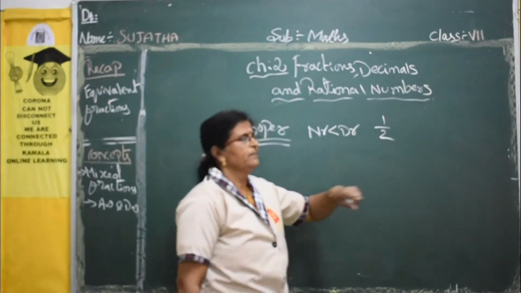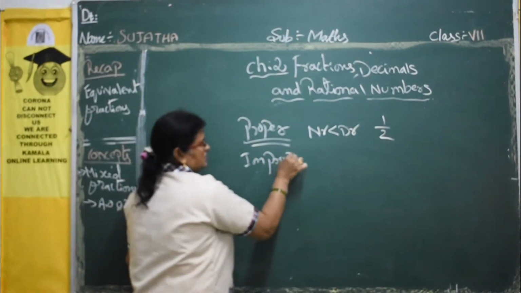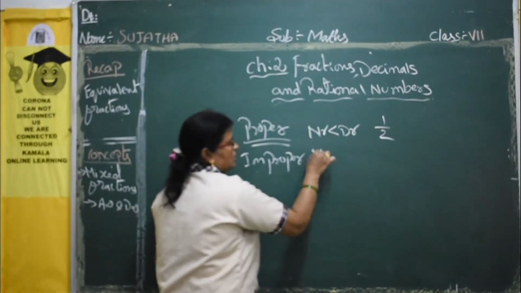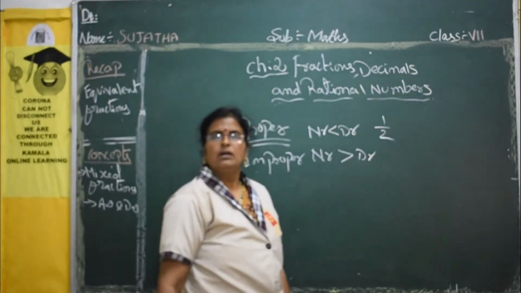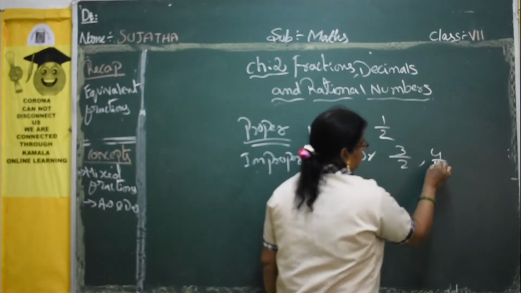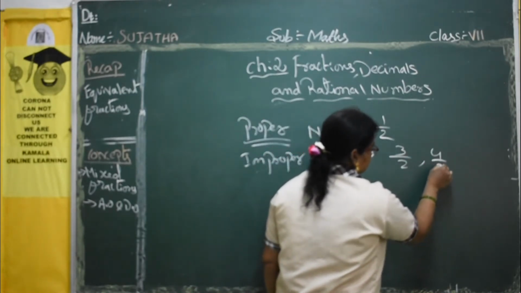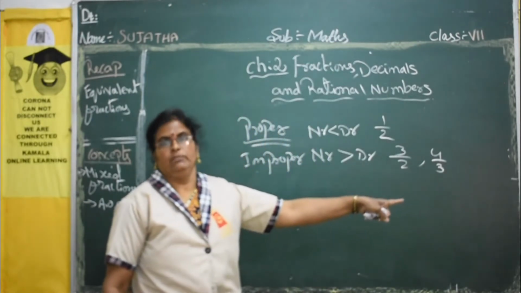Example 1/2. Then what is an improper fraction? If the numerator is greater than the denominator, it is called an improper fraction. That is 3/2, 4/3, like this.